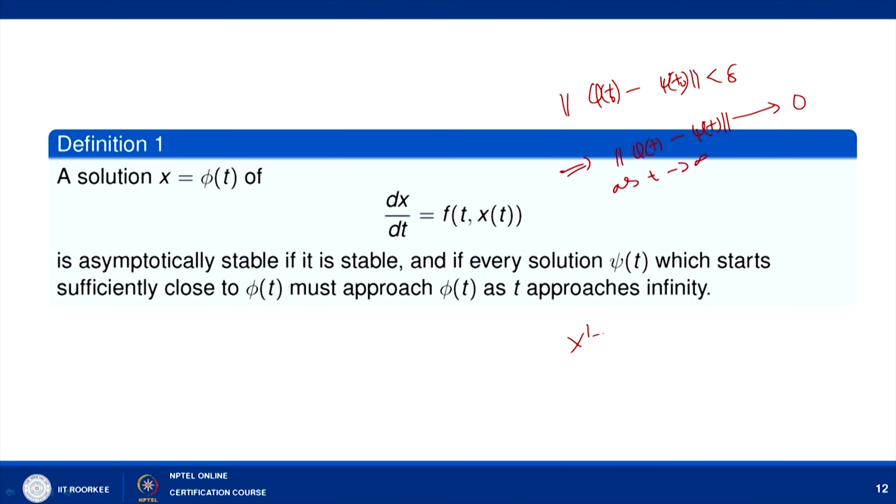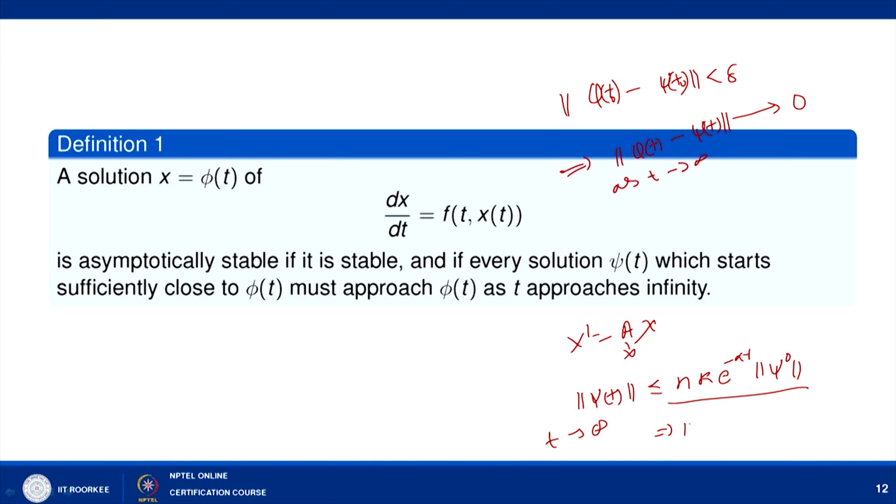Why are we considering this here? If you remember, in the case of x dash equal to A x, where A has all eigenvalues with negative real part, we have obtained that norm of psi t is less than or equal to K e to the power minus alpha t norm of psi 0. Now, if you take t tending to infinity, this quantity tends to 0.